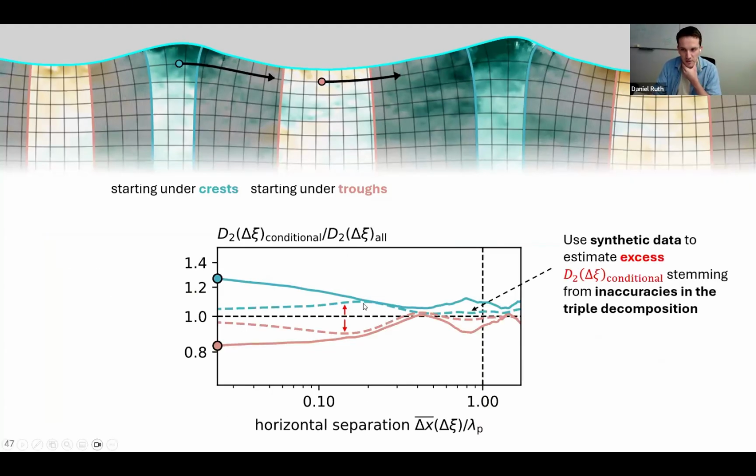And that's what's shown in this line here. So we see that we are missing some orbital motions that we end up calling turbulence, which is contributing a bit here, but it's smaller in magnitude than the effect that we see experimentally. So this is leading us to believe that this is a physical effect that's telling us about the nature of the flow under crests versus under troughs.